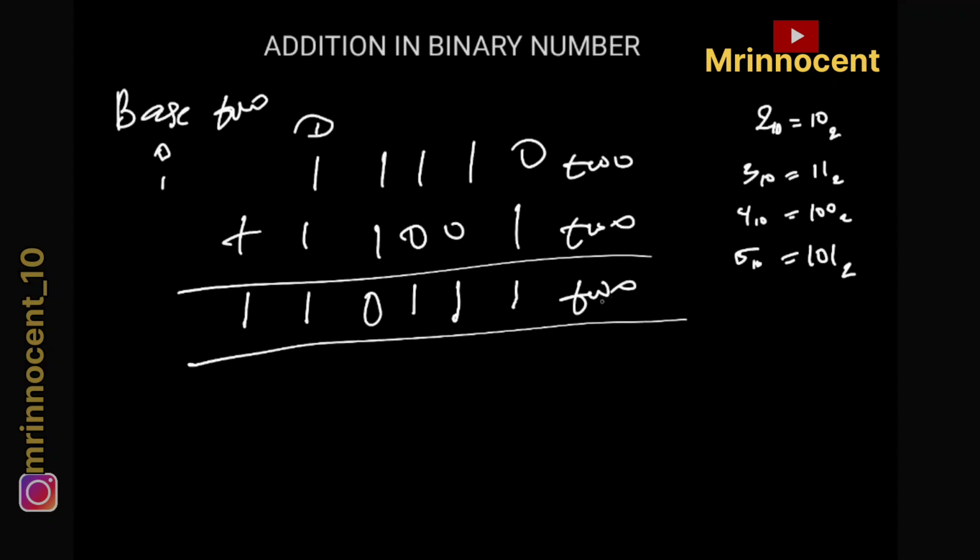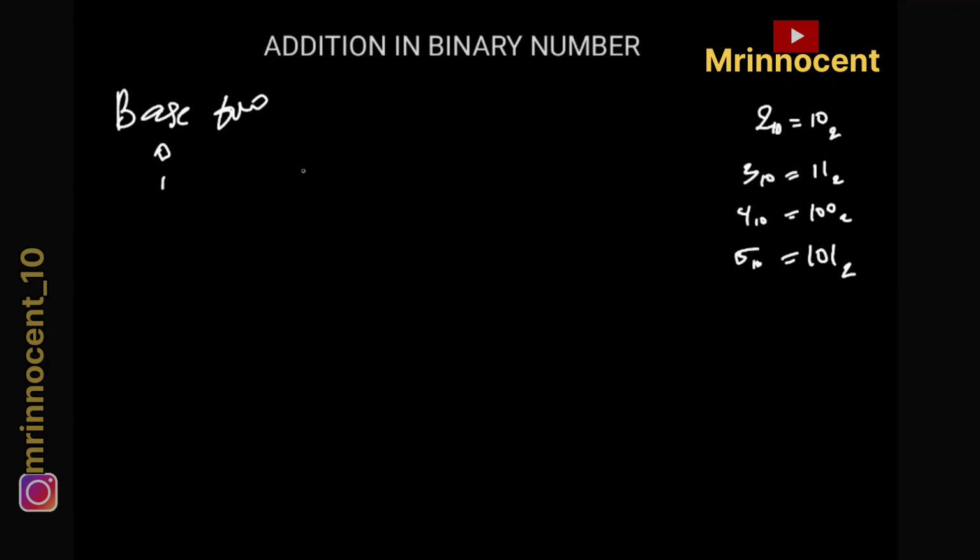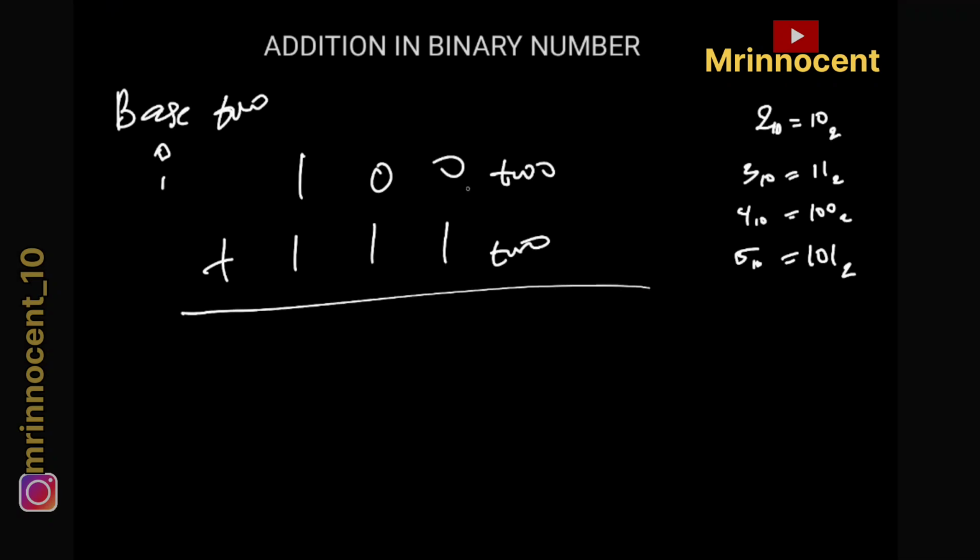Let's look at another example. We have 1, 0, 0 plus 1, 1, 1, all in base 2. 0 plus 1 is 1. 0 plus 1 is 1. 1 plus 1 is 2, and 2 in base 2 is 1, 0.